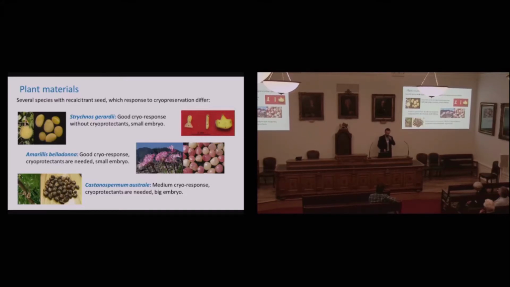I selected three different plants, three different species. One was a species that has a very small embryo and a really good response to cryopreservation without the use of any cryoprotectant. The other was a species that has a good cryo response, but you need glycerol to have success in the cryopreservation, and it also has a really small embryo.